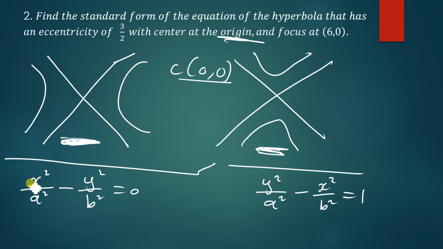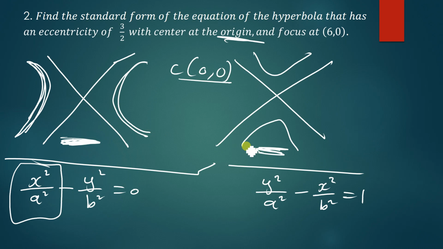So if the x term is the one that is positive, you expect the curves to be along the x axis. And if y is the one that is positive, then you expect the orientation to be like this.